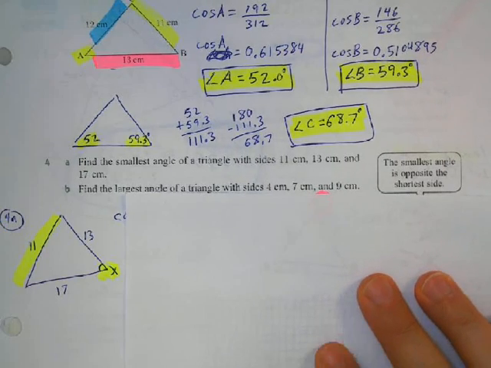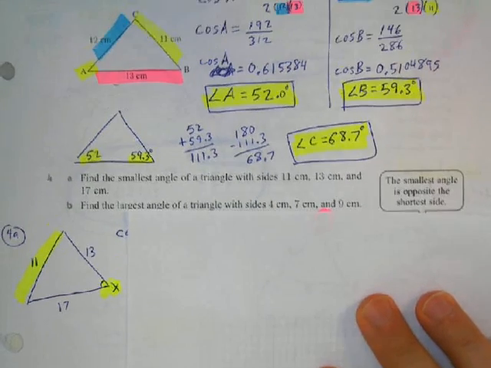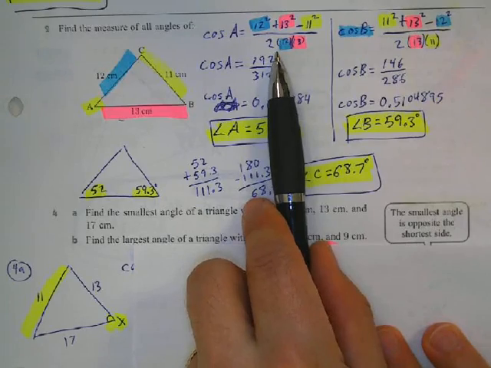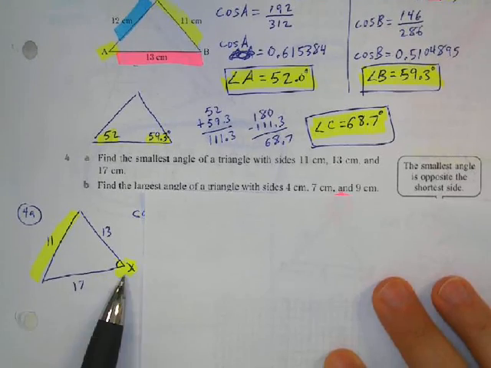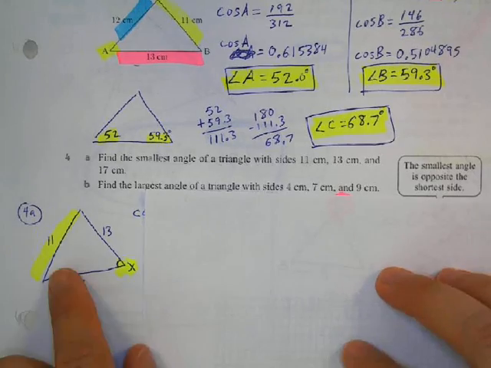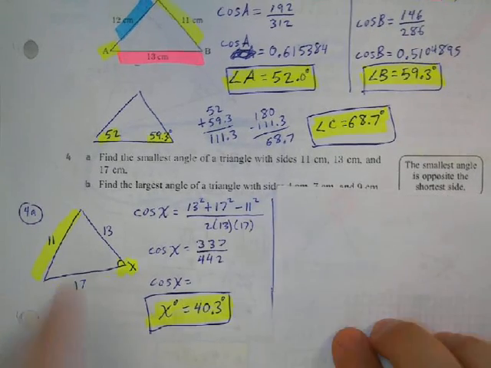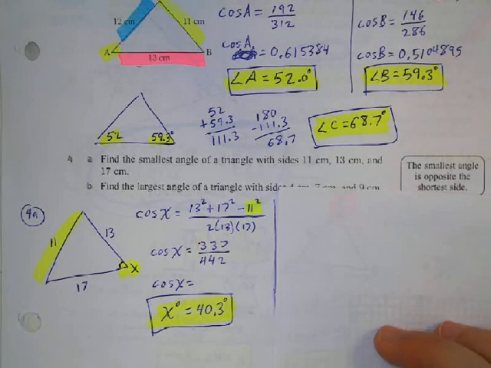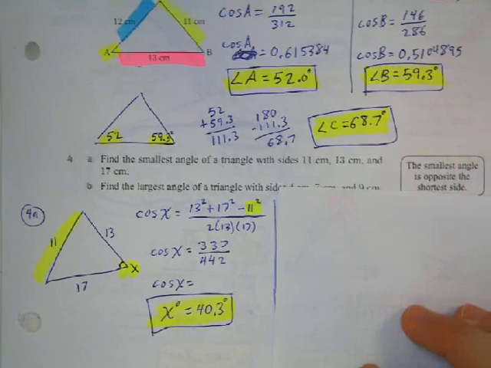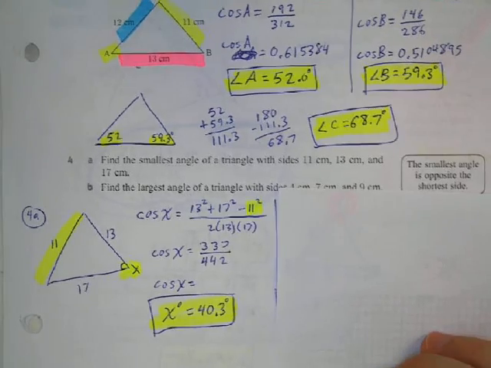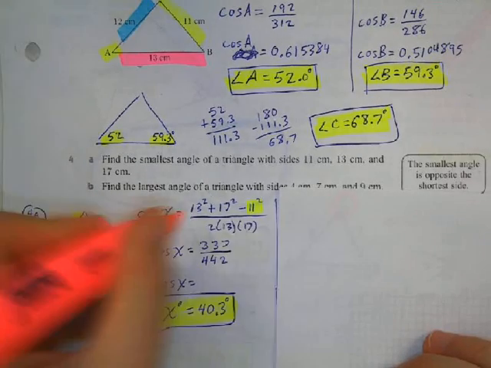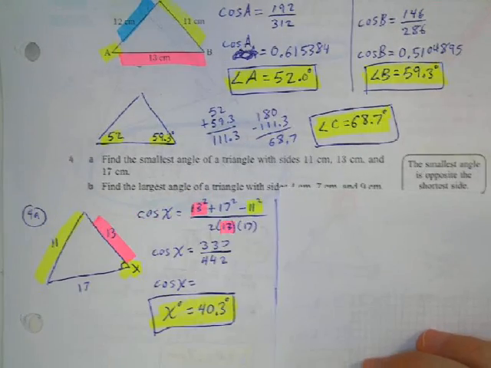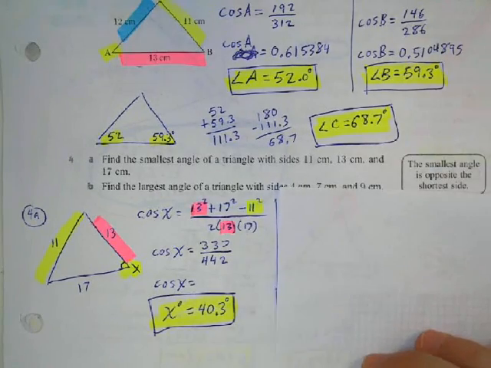So when I set up the law of cosine, I'm going to do like what we did here, whereas the one that's going to be subtracted is the 11. So the one that we're subtracting is the 11 squared. On either side of angle x, we've got the 13 and the 17.